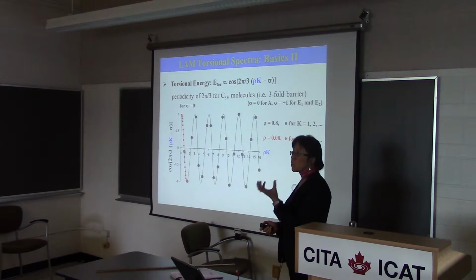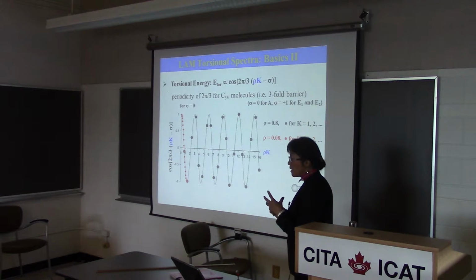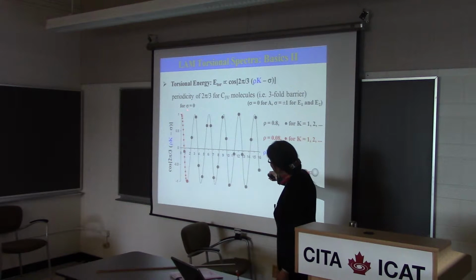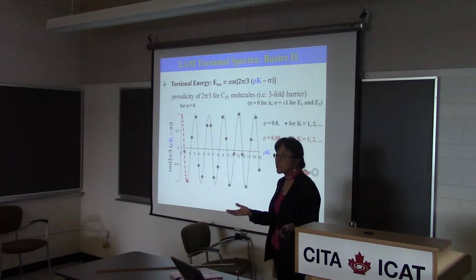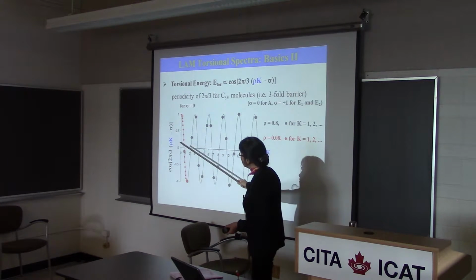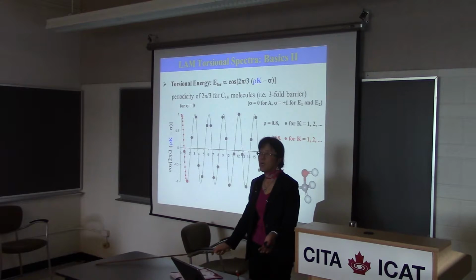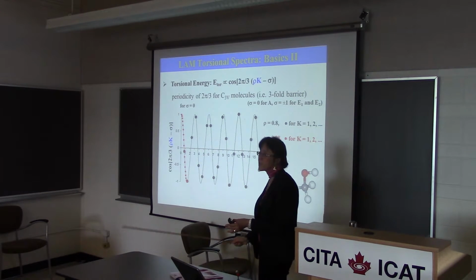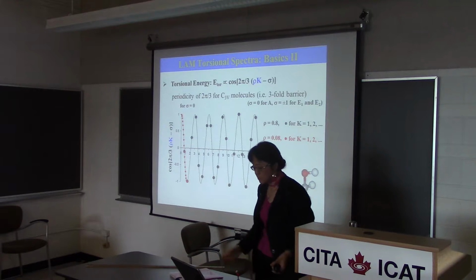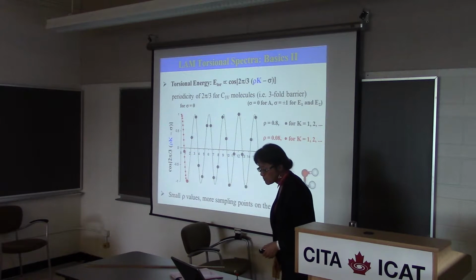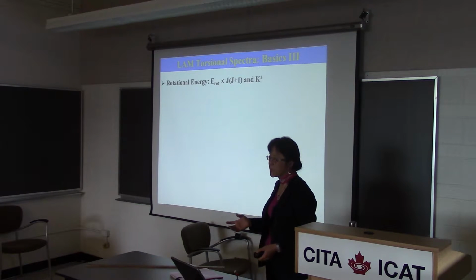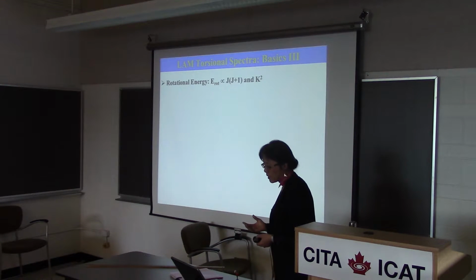But because of this rho factor, for the big molecule, the smaller rho value in fact gives you more sample points on the potential. So theoretically, once you get a spectrum, the heavy molecule is easier to model compared with the light molecule, because for the light molecule you don't get too many sampling points on the potential. That's the second basic I want to tell you.